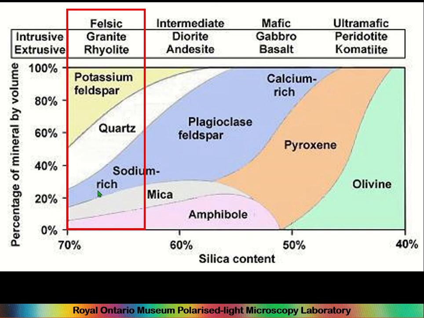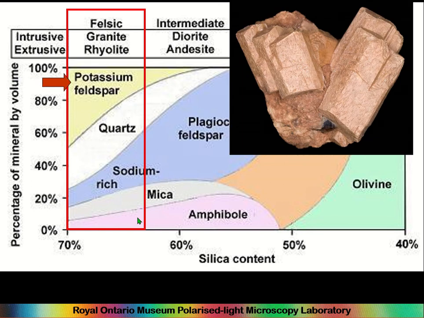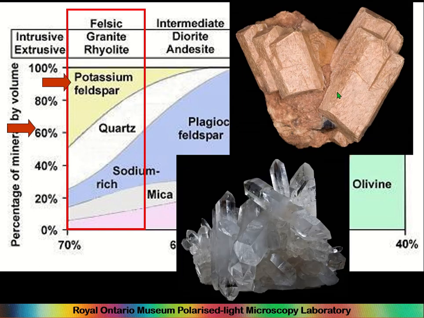If you remember, this has a series going from calcium-rich end members to sodium-rich end members, and it tends to be the sodium-rich end members we get in the granitic rocks. And you'll get mica, and you'll get some amphibole. So, potassium feldspar, often pink, and quartz, often grey or white.